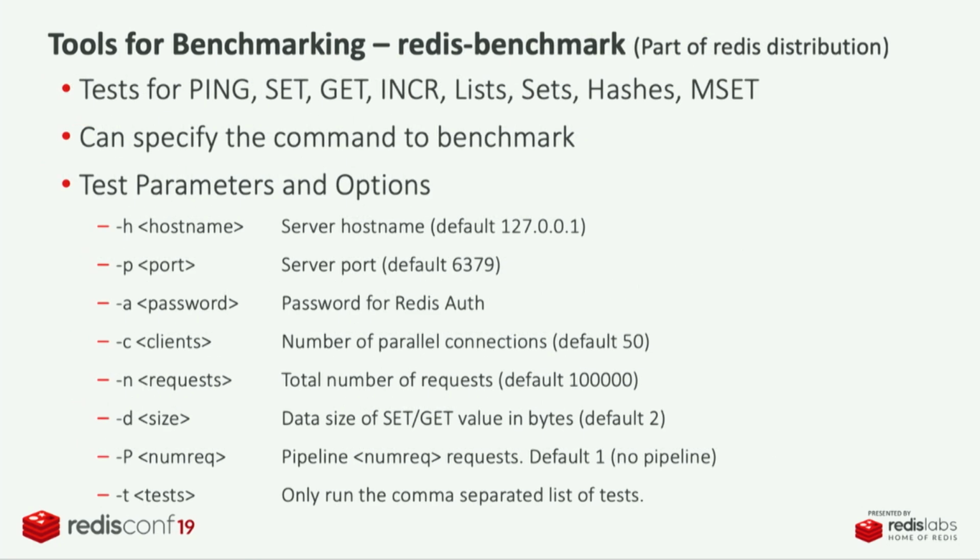The other one is part of the Redis distribution, called Redis Benchmark. I like this one when I start working with customers to better profile their environment. It has the traditional options, like specifying the host, port, and password. It tests PINGs, SETs, GETs, INCRs, lists, sets, hashes, MSETs, and so on.